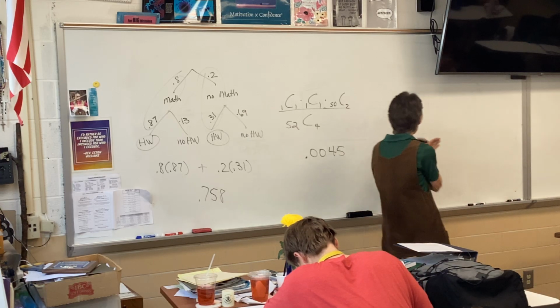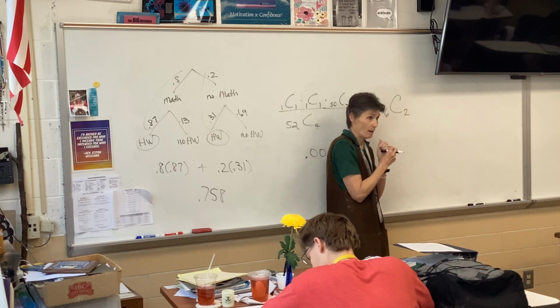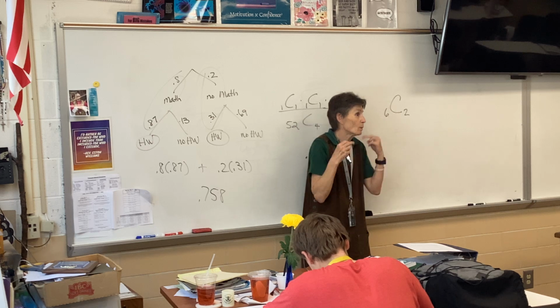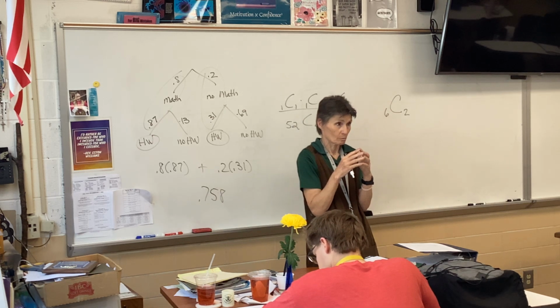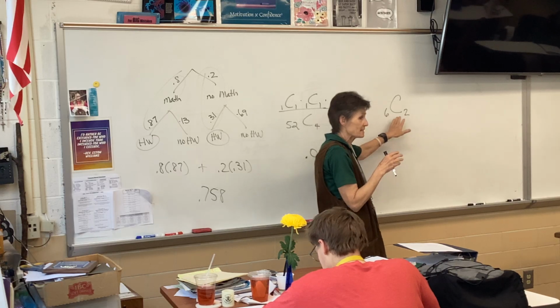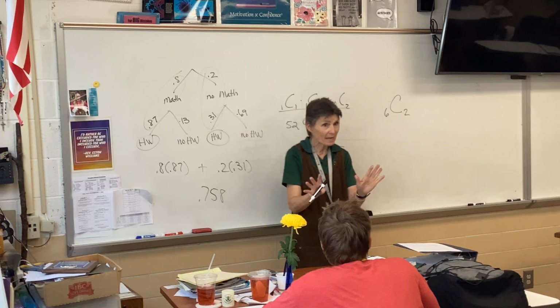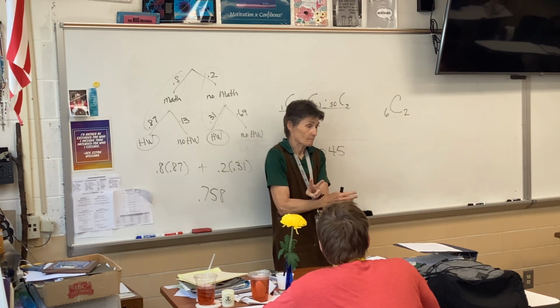So of my 6 rolls, I need 2 of them to be good. Give me what I want. Do I care which 2? No, that's why there's a C there, because I don't care if it's the first one, the second one, the 5th one, doesn't matter. I just gotta have 2 of those be what I want.